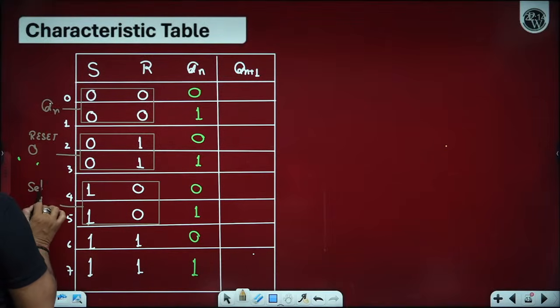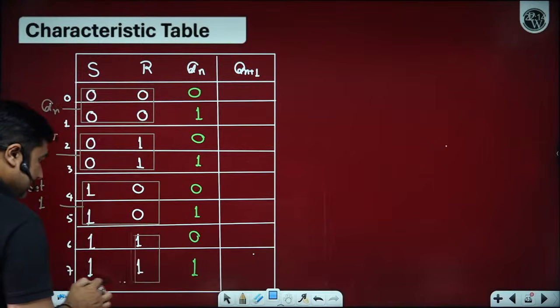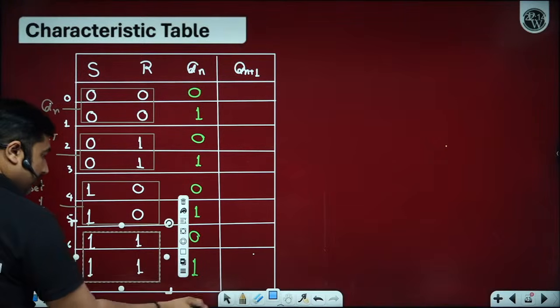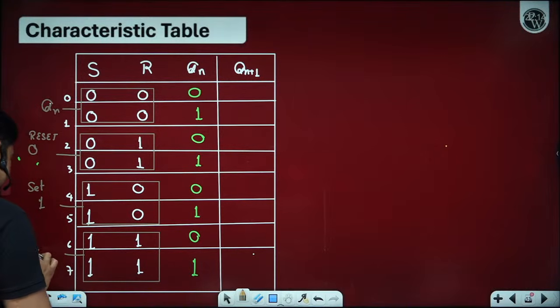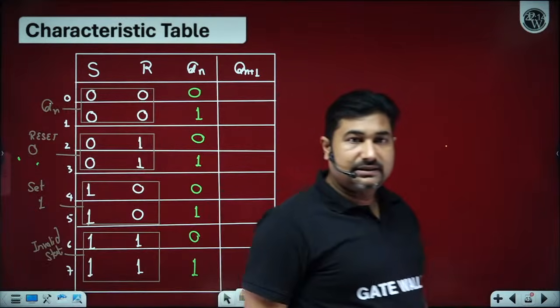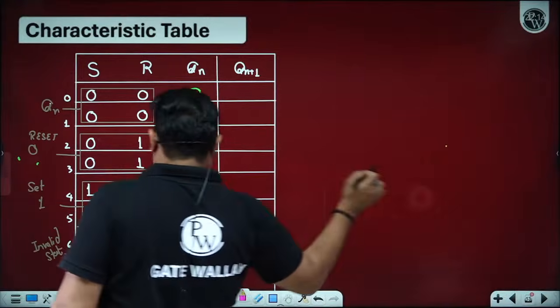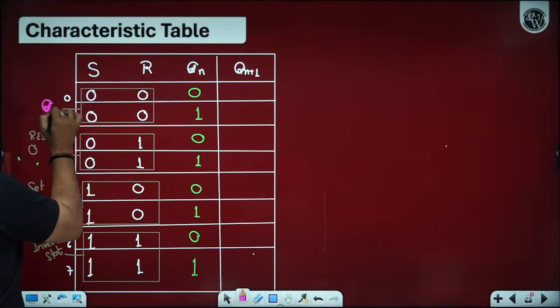Set means logic level 1. And for present input S1, R1, we get the invalid state. How many of you are able to understand up to this part? Great. I have represented it with a light color pen so that you can group it.